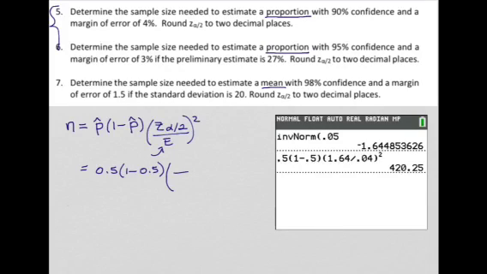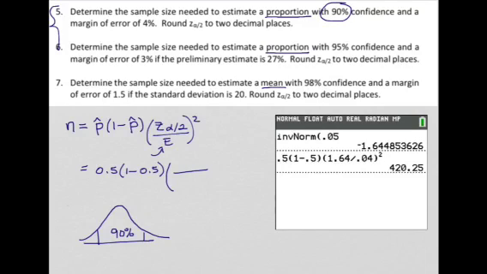Then we need to multiply by the value z sub alpha over 2. So we're going to have to actually calculate that. What we do is we say, well, it's a 90% confidence level that we're looking for here. So I'm going to sketch the normal distribution, and what we're saying is we want to be 90% confident when we do the problem.